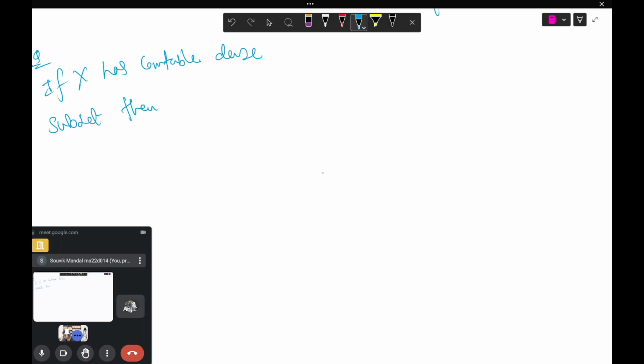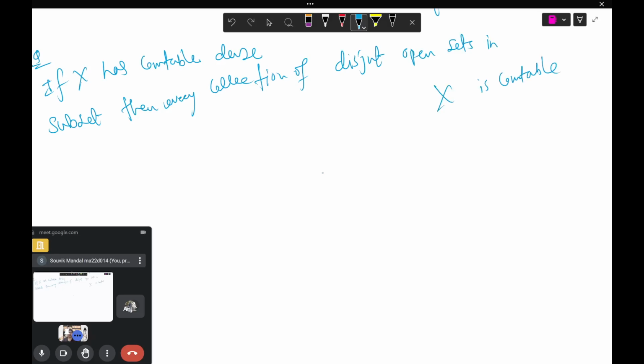Then every collection of disjoint open sets in X is countable. So the question is that if X has a countable dense subspace, then every collection of disjoint open sets in X is countable. So try to do this. It's a problem, but try to do this.